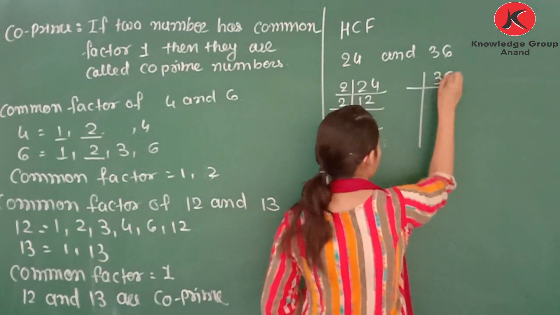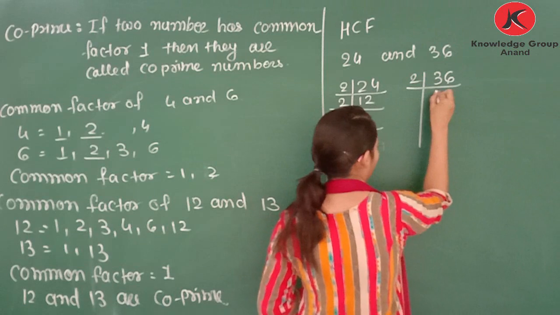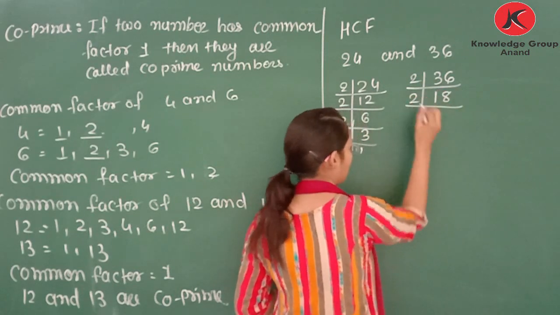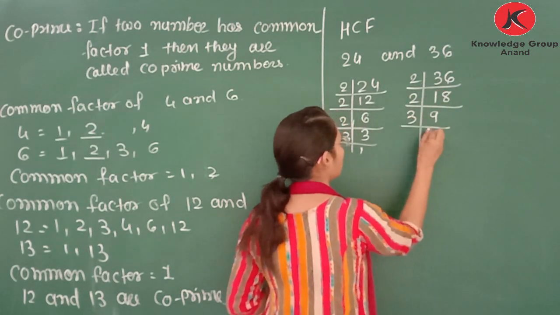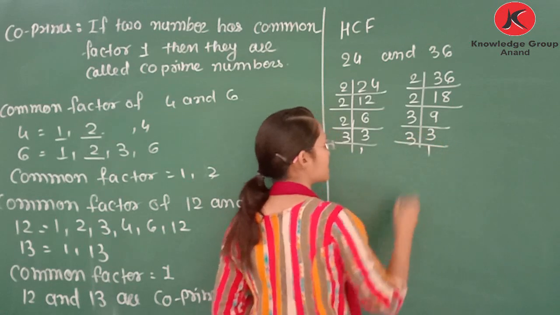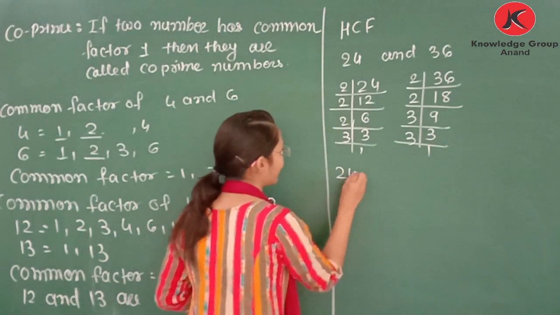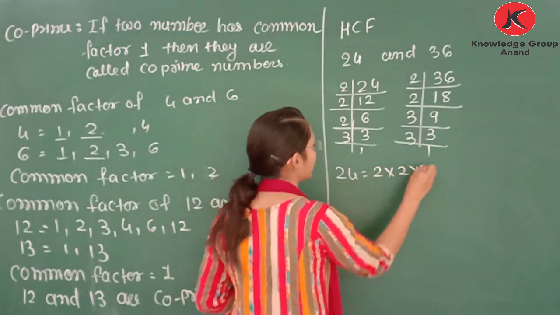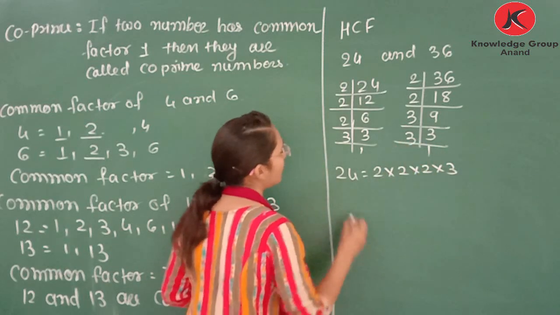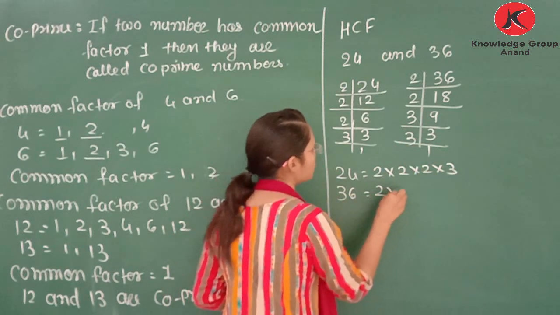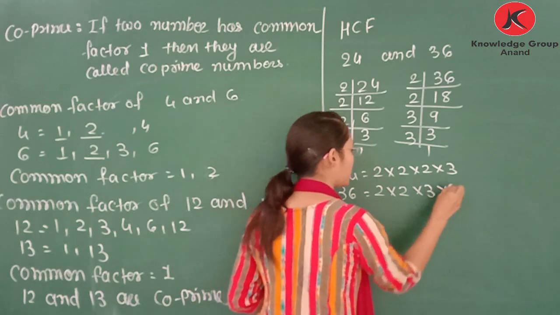Factors of 36: 2 eighteens are 36, 2 nines are 18, 3 threes are 9, 3 ones are 3. So 24 can be written as 2 multiply 2 multiply 2 multiply 3, and 36 can be written as 2 multiply 2 multiply 3 multiply 3.